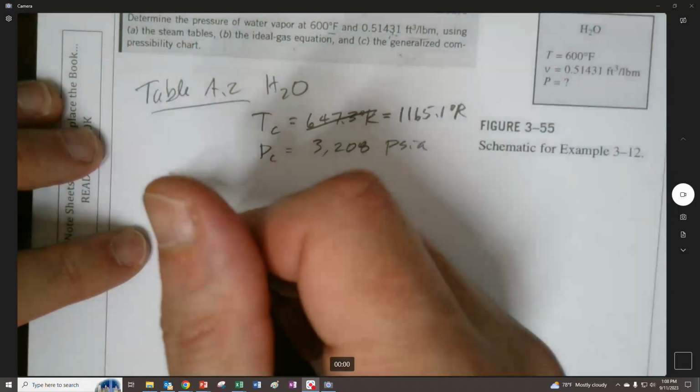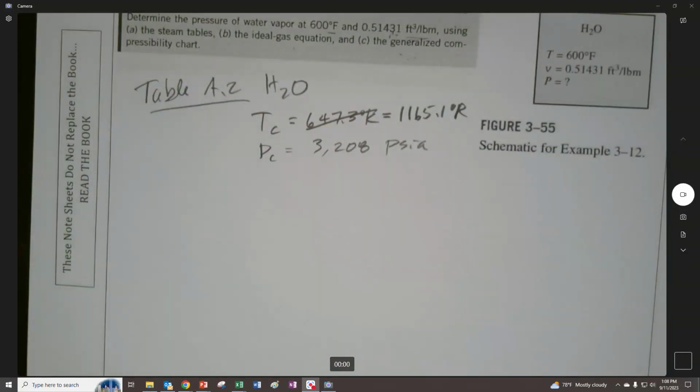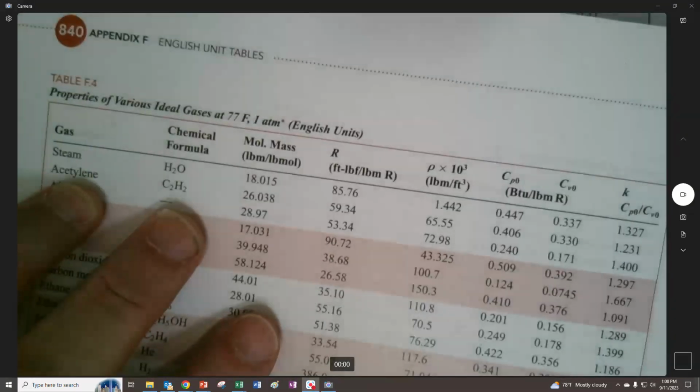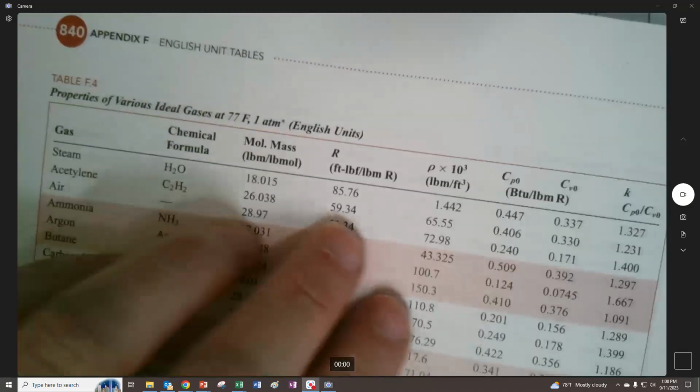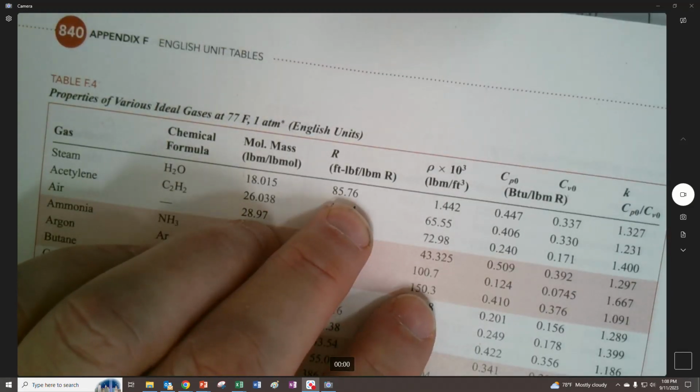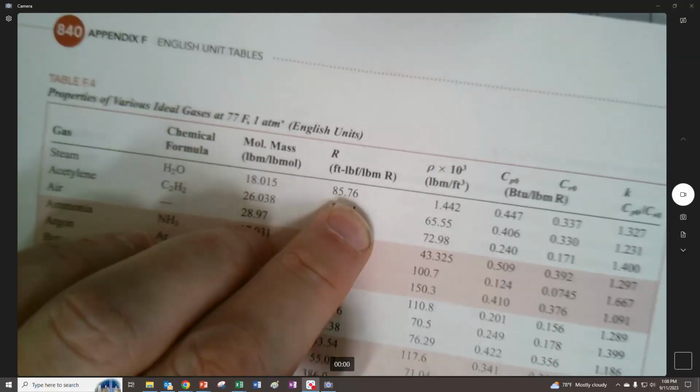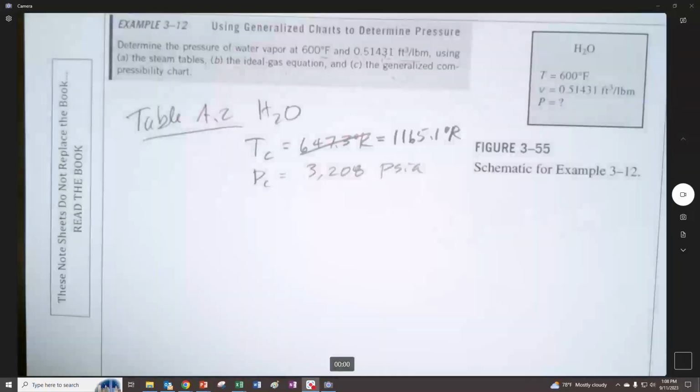I said out of A.5, which made me a liar, so let me go to F. Where's water? Oh, it's steam. For steam, I don't know why they said water in the other table. Okay, we have 85.75, and that's all we need: 85.75 foot-pounds per pound mass.